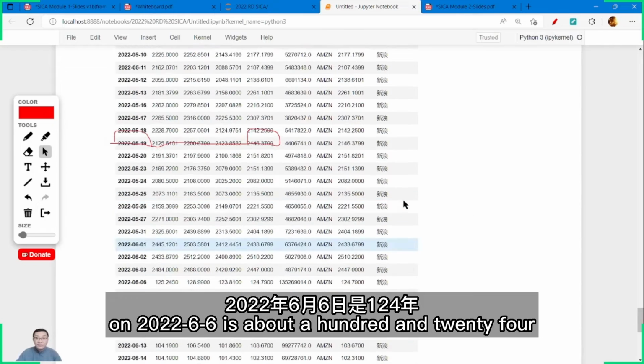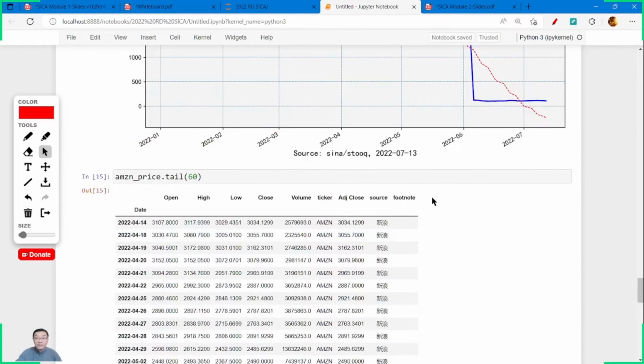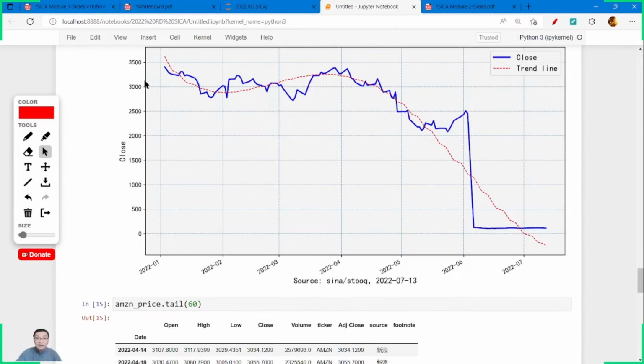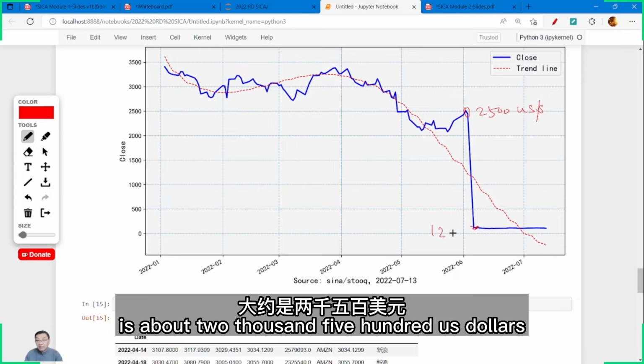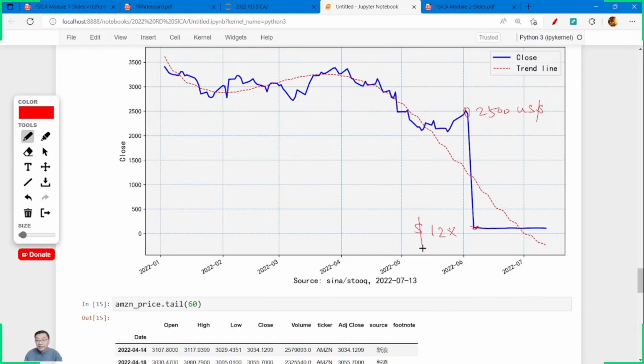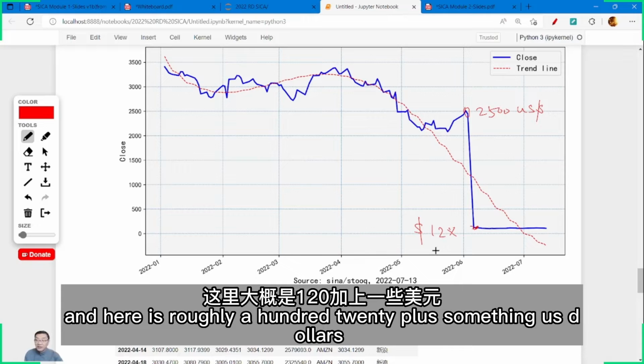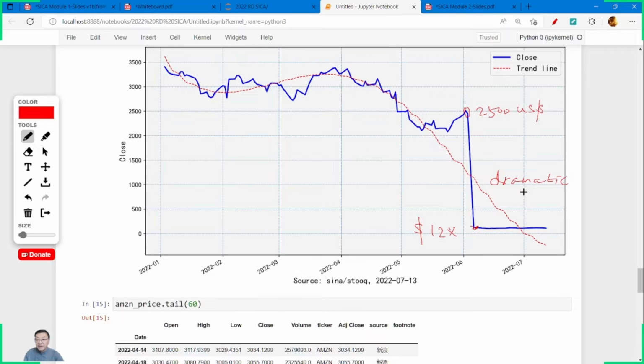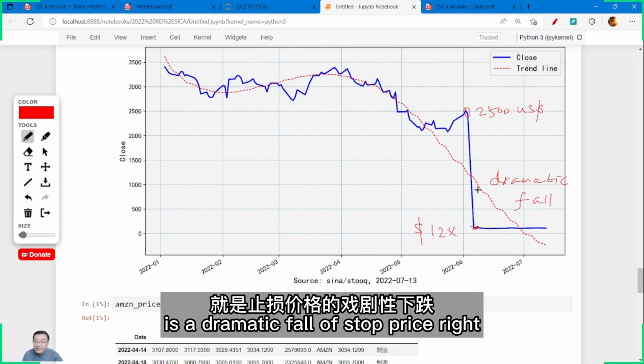Now, this point is about 2,500 US dollars. And here is roughly 120 plus something US dollars. So what do you think? It's a dramatic fall. A dramatic fall of stock price, right?